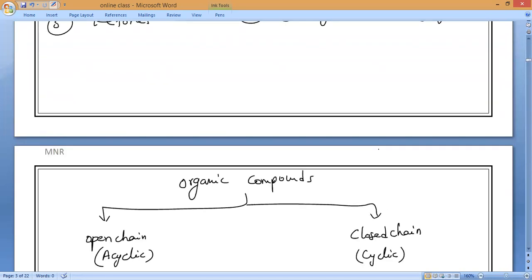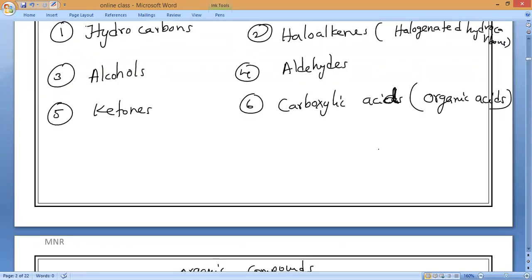What is one of the properties of the versatile nature of carbon? Anybody can tell? It will form multiple bonds. So what is the nature of the multiple bonds? Straight chains, all of you. Next one, branched chain.